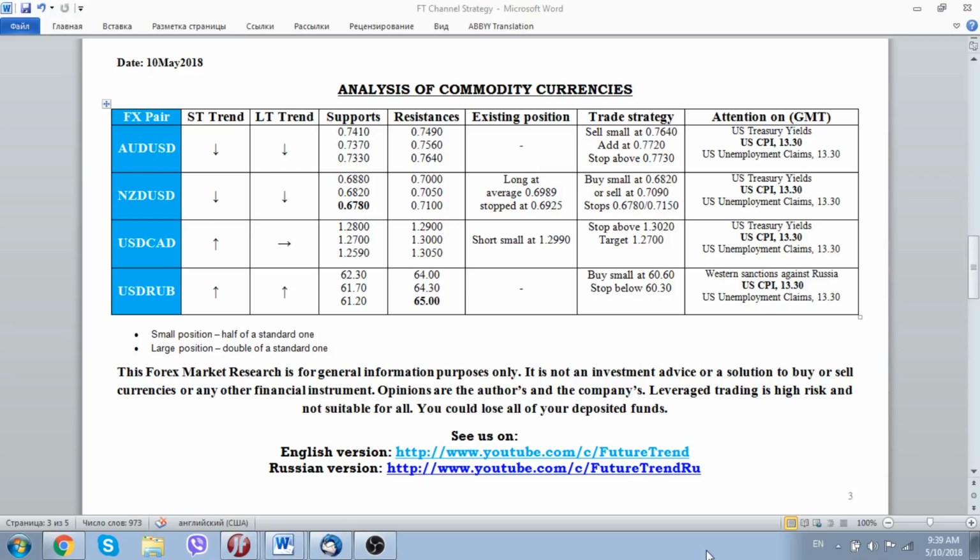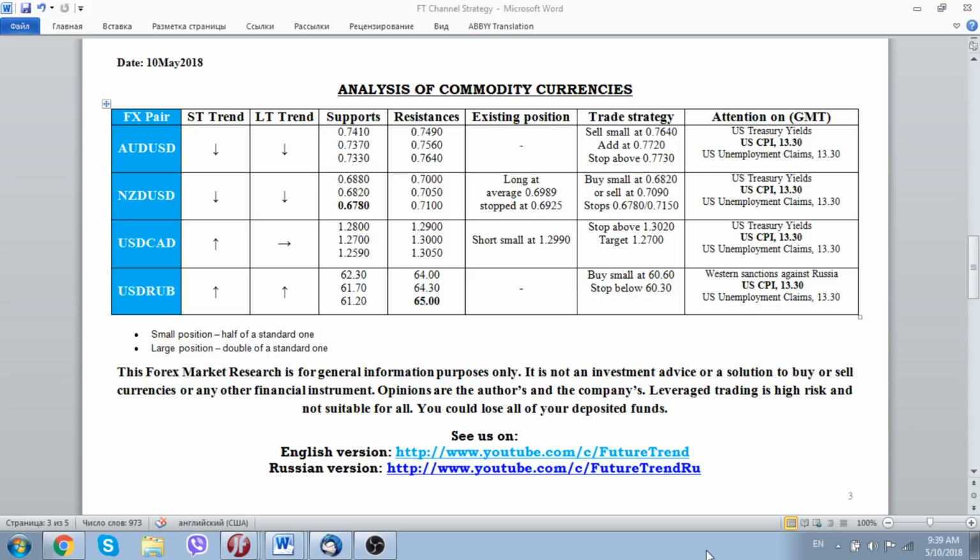And from this point of view, of course, the United States dollar should remain rather supported. Anyway, we try to caution you against over-positioning in long positions in the United States dollar.